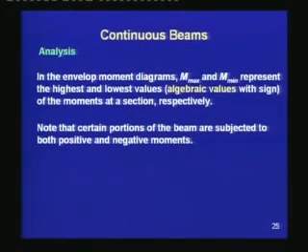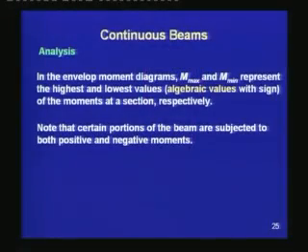In the envelope moment diagram, M max and M min represent the highest and lowest values of the moments at a section respectively. These are algebraic values with sign. That means when we are saying a maximum moment and a minimum moment, we are not just talking of the numerical values, but we are considering their signs.